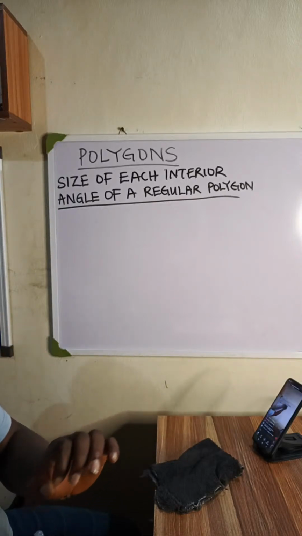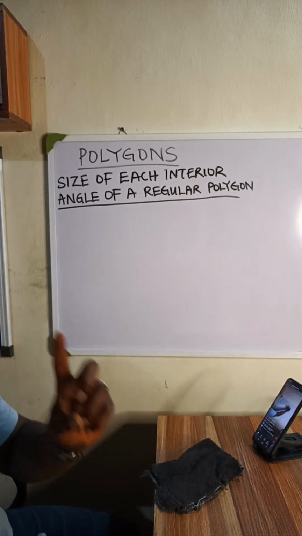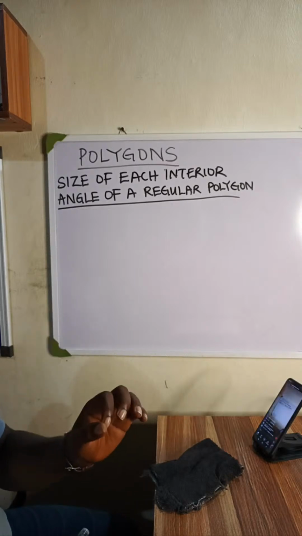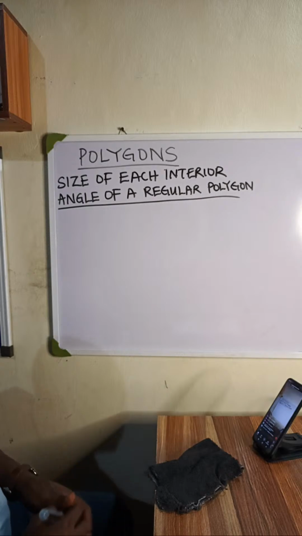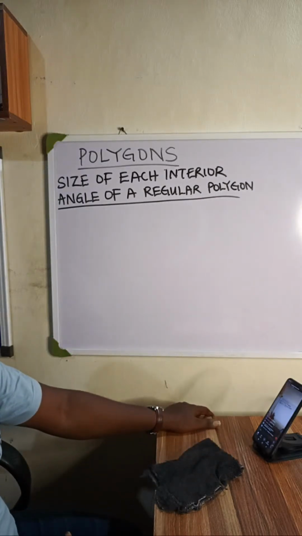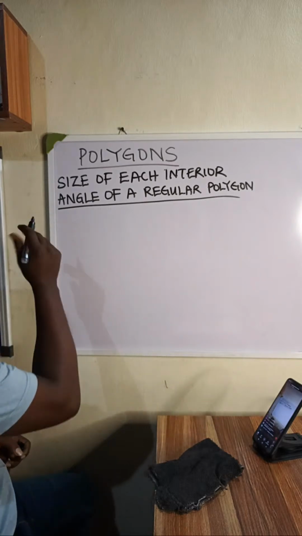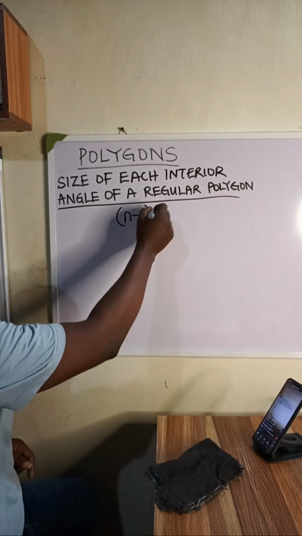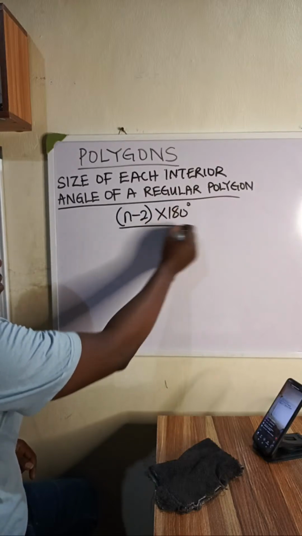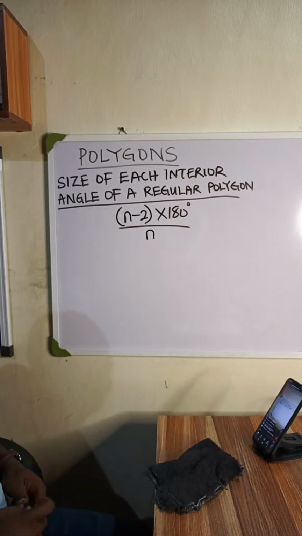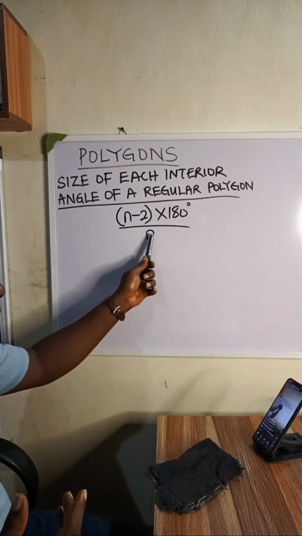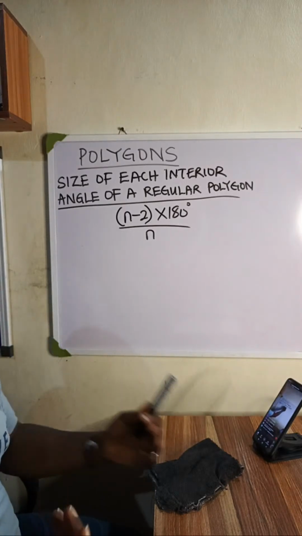Remember that a regular polygon has all the angles equal, right? So all the interior angles of a regular polygon are equal. The formula to calculate the size of each angle of a regular polygon is n minus 2 times 180 degrees all over n. So when you know the sum of angles in the polygon, you simply divide by the number of sides because you know that each of the angles is equal.